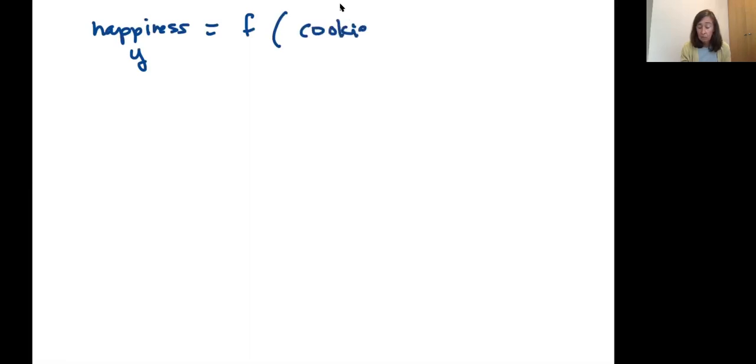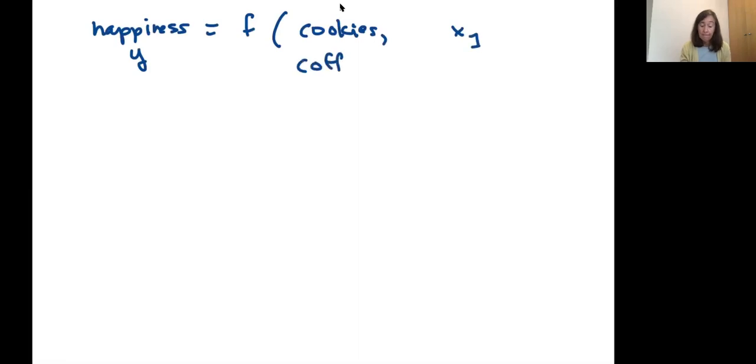And so let's think of this example where I've got my happiness right now. This is my y value. That is a function of, these variables are going to represent quality. I want you to know, not quantity. I'm really not a glutton, but I do appreciate nice snacks. So my happiness is a function of a measure of the quality of the cookies I am offered. That's my x1.